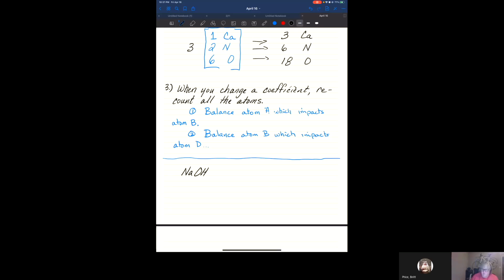I have NaOH and H2SO4, and this gives me Na2SO4 and H2O.